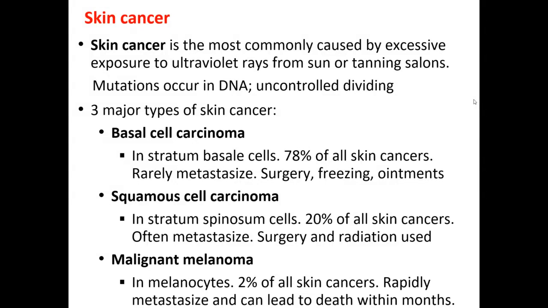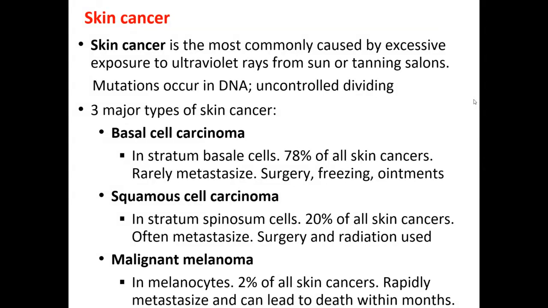What does that mean? Metastasize. Yeah, spread. Metastasize means to spread to other tissues or organs. So they can be treated by surgery or freezing that tissue. Relatively easy to treat. The tissue can just be cut out.